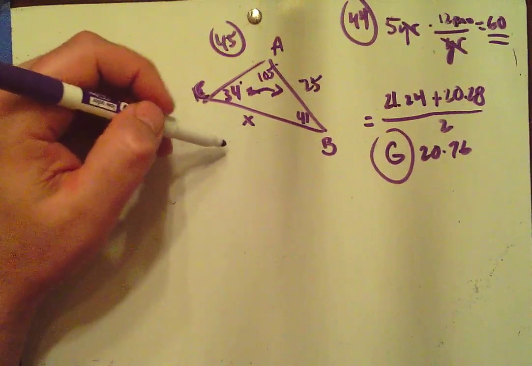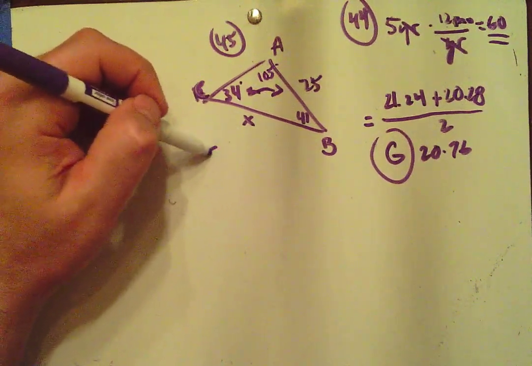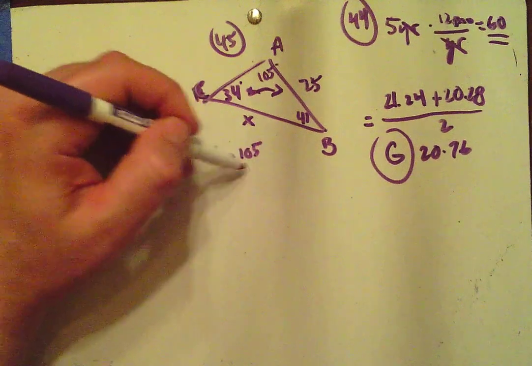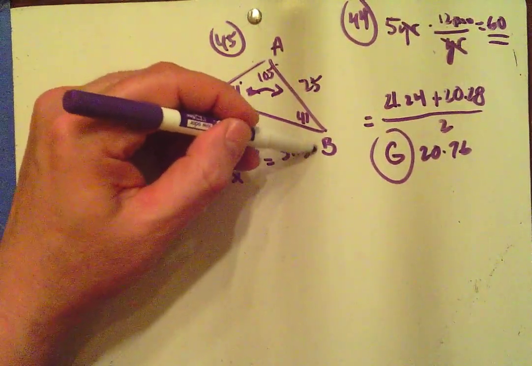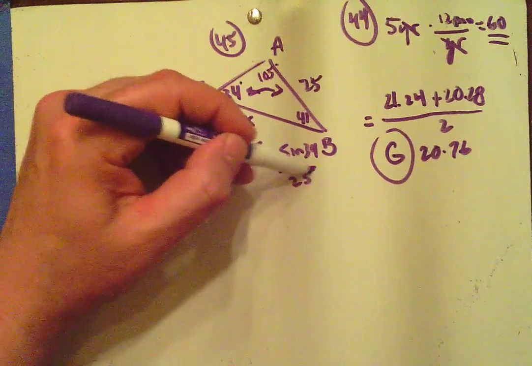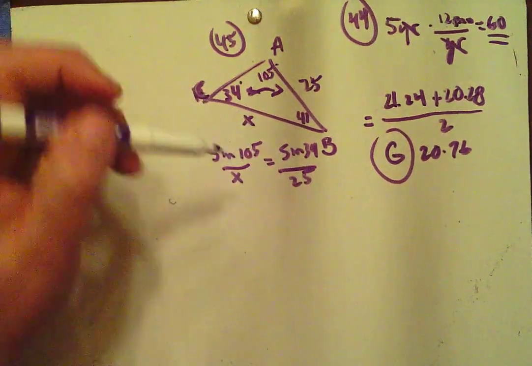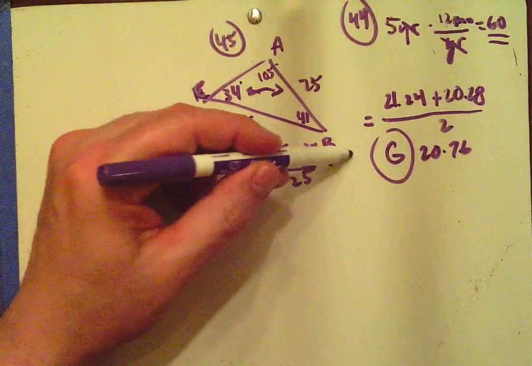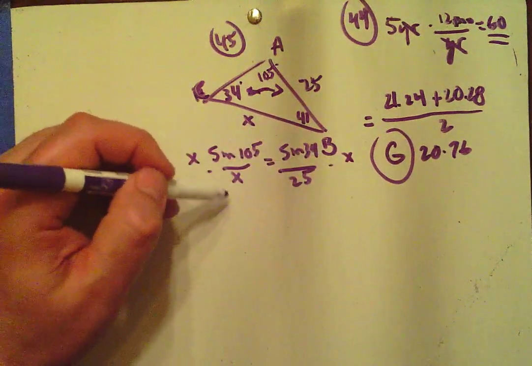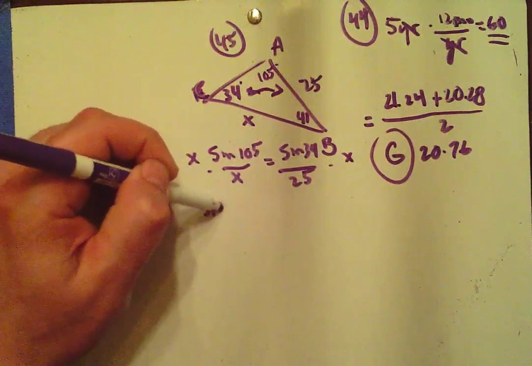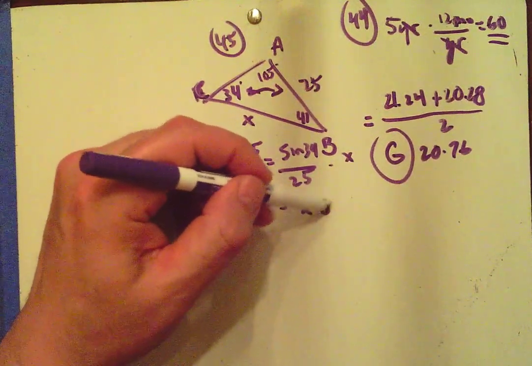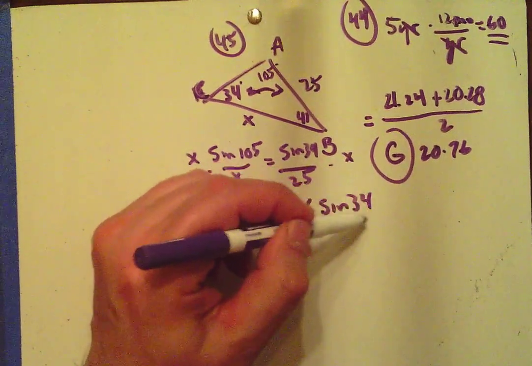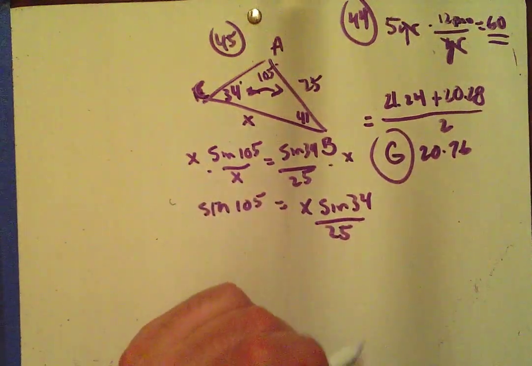So I could say that the sine of 105 over this unknown x should be the sine of 34 over 25. So if I multiply both sides by x, I get sine 105 equals x sine 34 over 25.